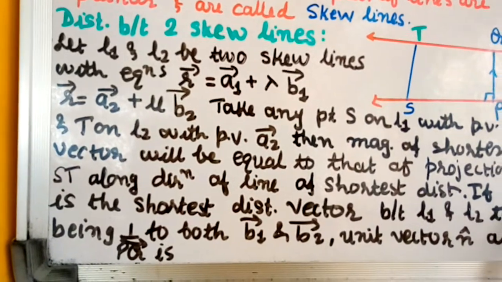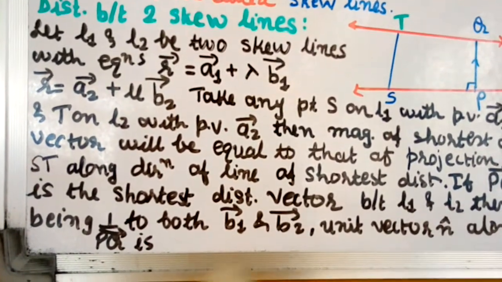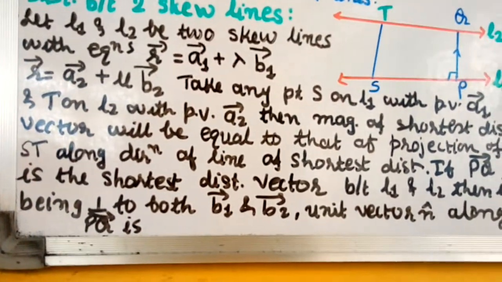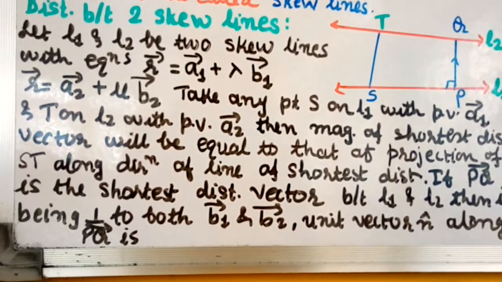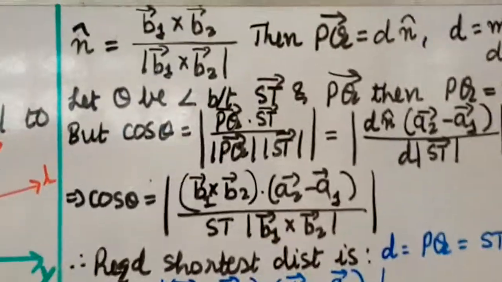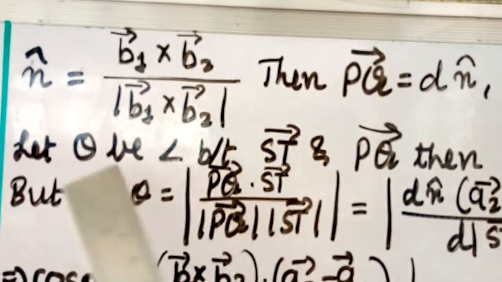The PQ is the distance between L1 and L2, and it is perpendicular to both B1 and B2, the directions of both the lines. Therefore the n cap, the unit vector along PQ, is given by the formula B1 cross B2 divided by magnitude of B1 cross B2.